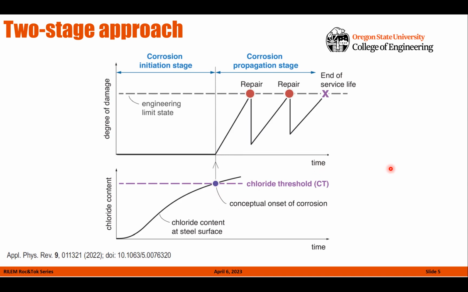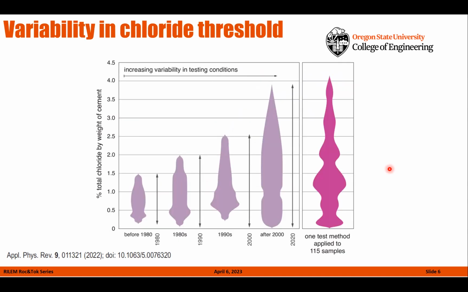The 2-stage approach, as I described here, relies on the definition of a critical chloride threshold. However, this concept has been quite elusive in the sense that as we try to measure this quantity using different approaches, we actually see that the variability in the reported chloride threshold values is getting larger and larger.